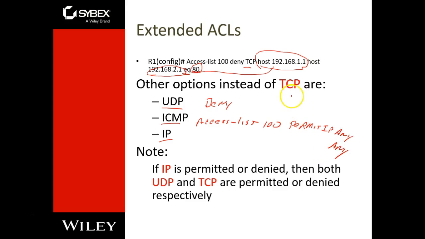A little bit shorter. What this says is let everybody else get there. But we have to have at least one permit. And then if IP is permitted or denied, both UDP and TCP are permitted or denied, both of the protocols.